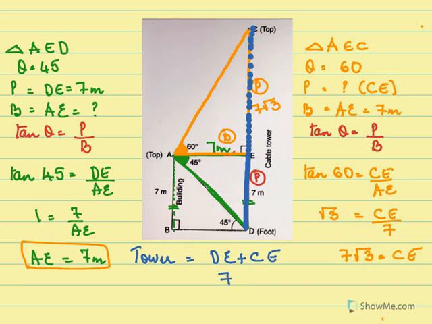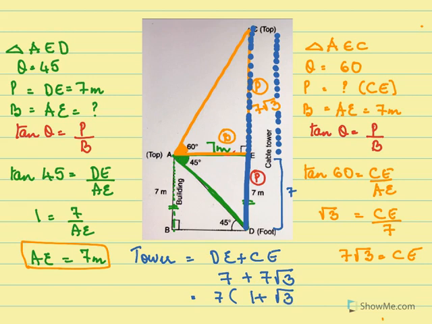Now DE we know is 7 and CE we found as 7 root 3 now here, right? This we know is 7 and this part we have already found here, 7 root 3. So we need to add them. So that is 7 common out, 1 plus root 3. So this is the height of your tower, 7 times (1 plus root 3).